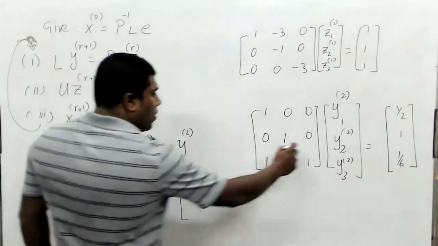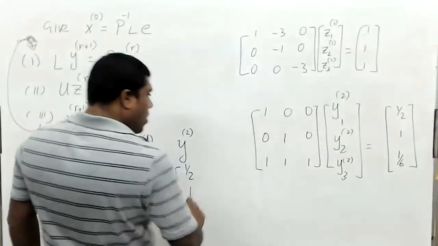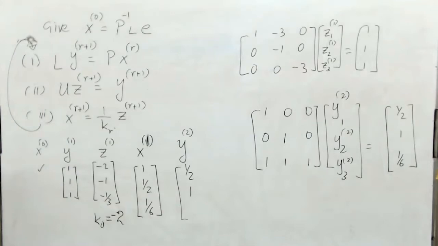1/2. From this you get 1. From this you get 1/6 minus 1 minus 1/2. And so minus 3/2 plus 1/6.